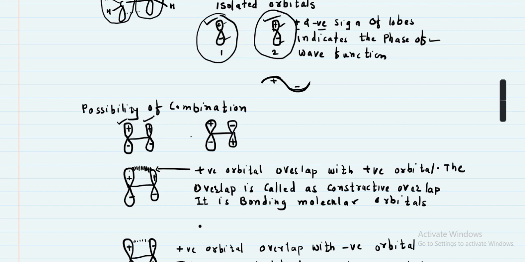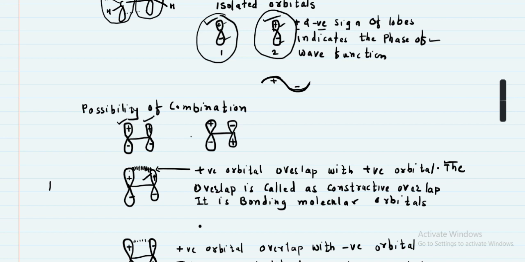Such type of overlap is called constructive overlap, and it is a bonding molecular orbital.